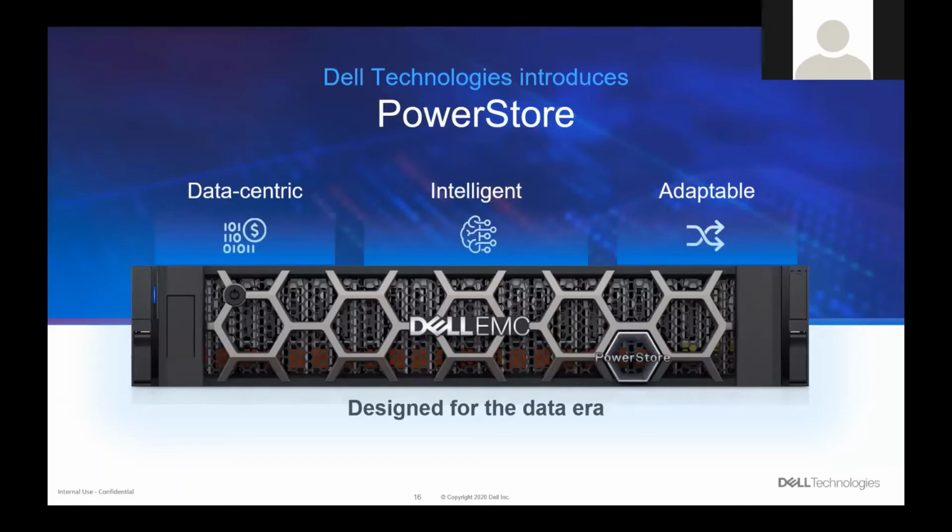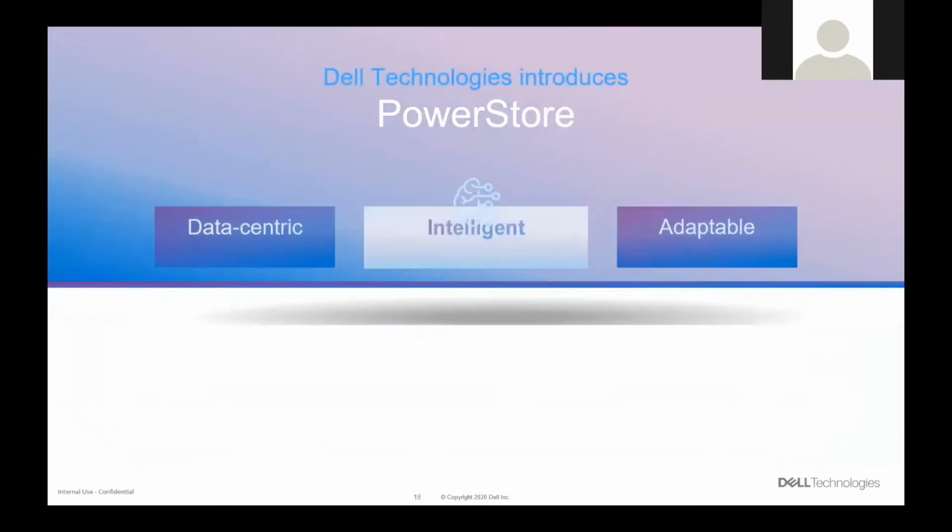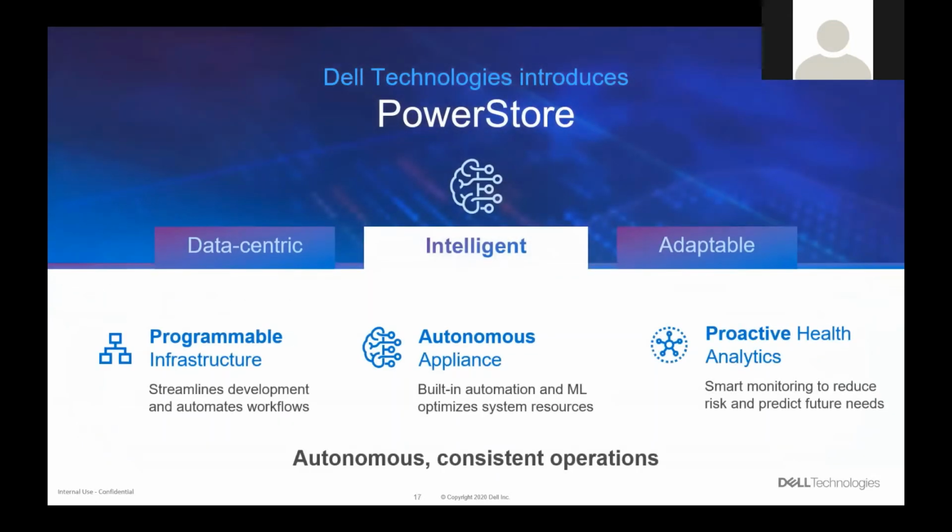So let's talk about the intelligent automation inside PowerStore. The drive is to automate and improve operational efficiency across the environment. It's tough for organizations to free up resources, and, like Brandon mentioned, it's about doing more with less. There are always more things that need to be done, and there's never enough time to do it all.